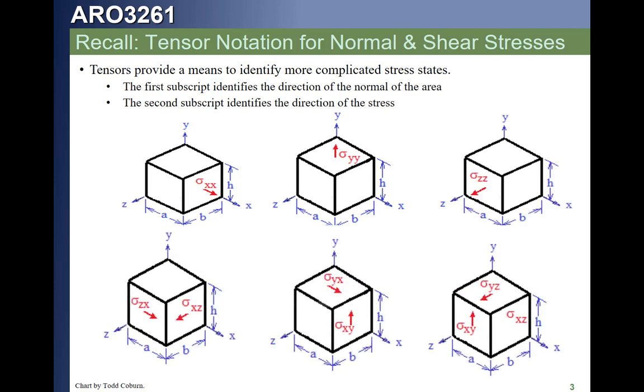This is on the z-axis in the z direction. This is on the x area in the z direction, on the x area in the y direction, and so on. Looks like we have a typo down here. This should be on the z face in the y direction, as we see, and this one's on the y in the z direction, so the upper one is correct and this one to the left is incorrect.